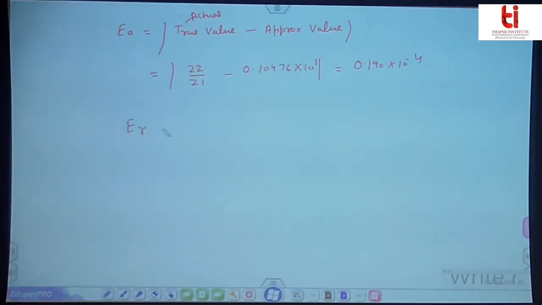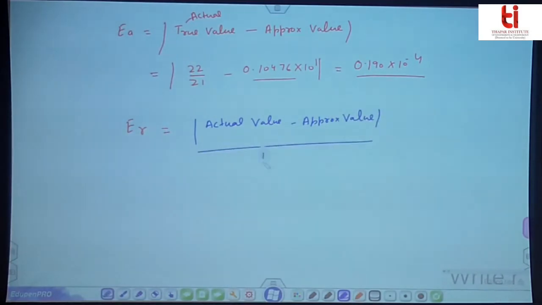And the relative error, so this is your absolute error. 22 upon 21 is the actual value, and this is the approximate value that we computed by using chopping. Then the difference is coming out to be this. Relative error is what? Actual value minus approximate value upon actual value.